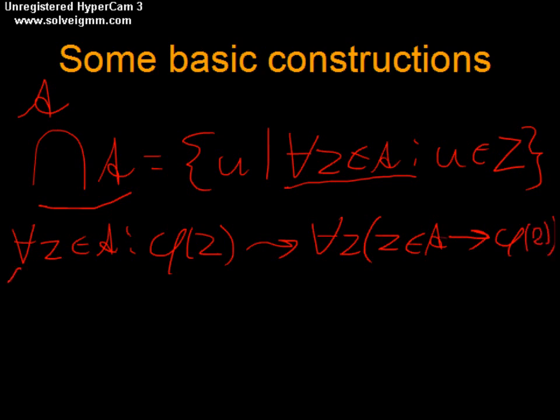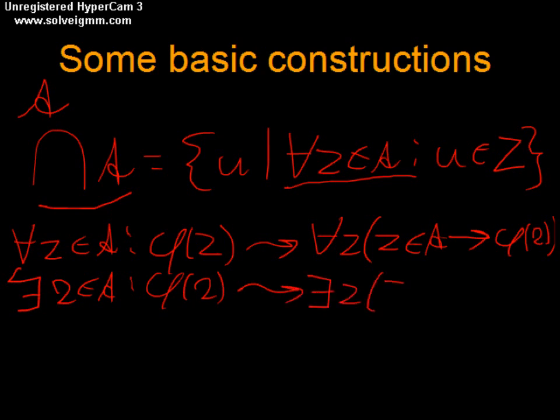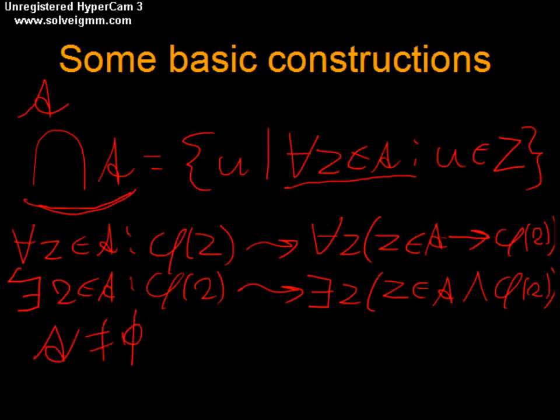And likewise, there exists a Z in A, phi Z is a shorthand for there exists a Z so that Z is in A and phi Z. Of course, in order for the intersection to be a valid set, we need to modify its definition a bit so that it satisfies the axiom of separation. So assume first that A is not empty.